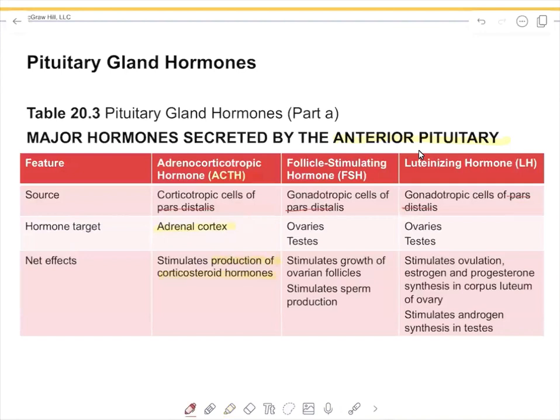It also stimulates the production of another group of hormones, which are called mineralcorticoids. And I'll be repeating this so it'll make more sense. The main mineralcorticoid is what's called aldosterone because it increases the reabsorption of sodium.